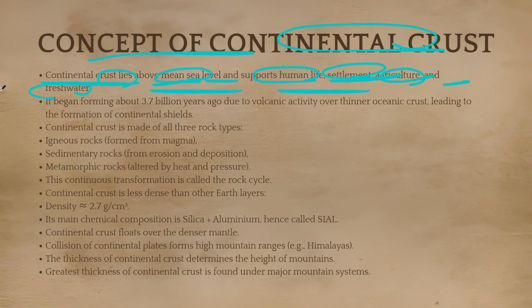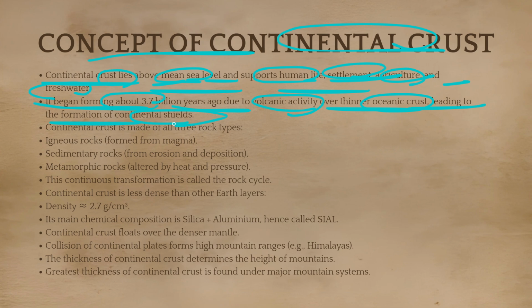So it began forming about 3.7 billion years ago due to volcanic activity over the thinner oceanic crust, leading to the formation of continental sheets. So how do the continental sheets form?